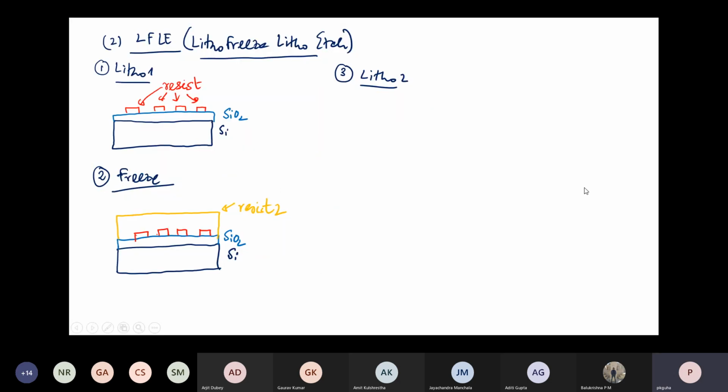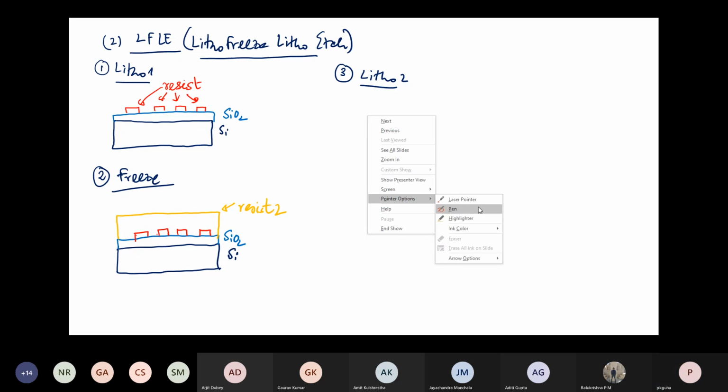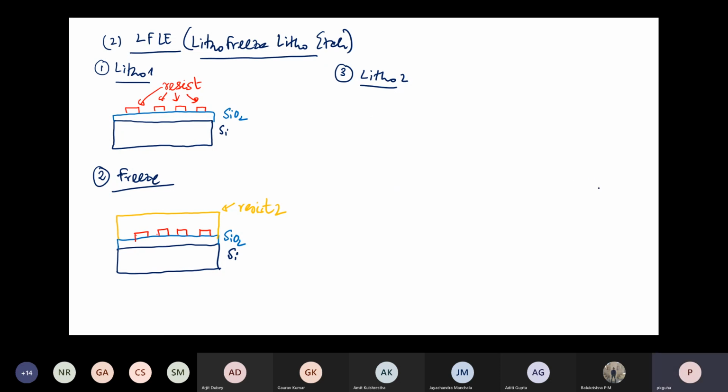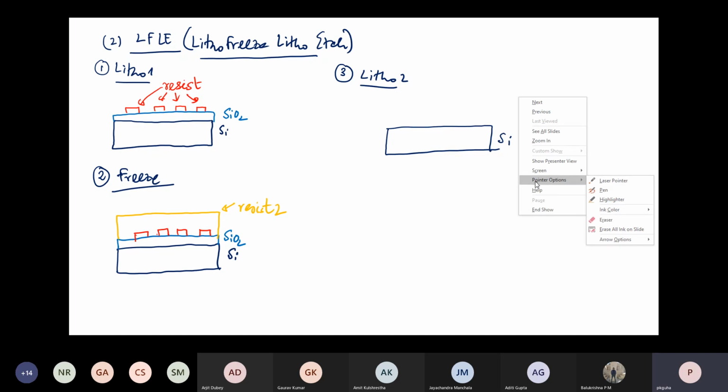So what I'm trying to do is copy a part of it anyway. So this is my silicon substrate, my SiO2.